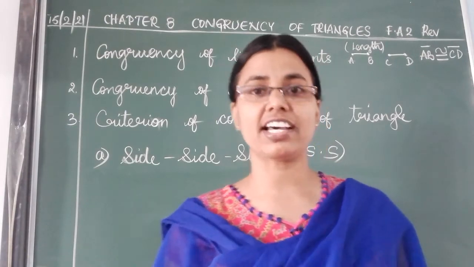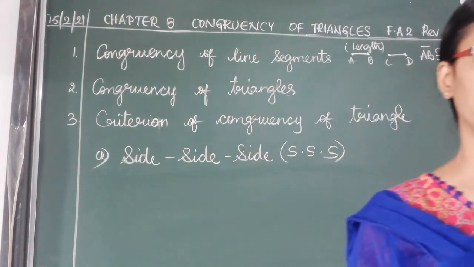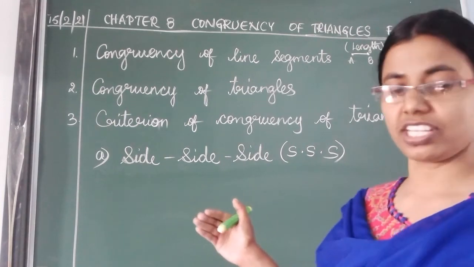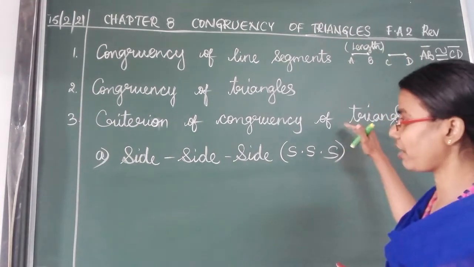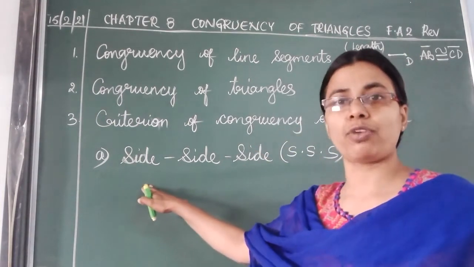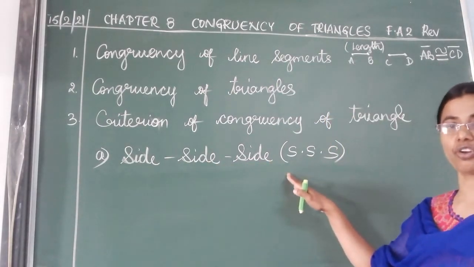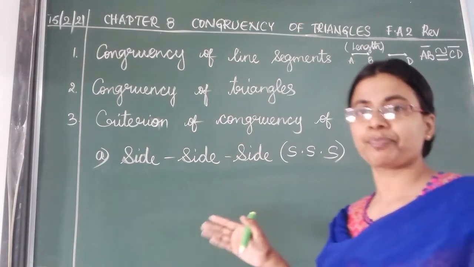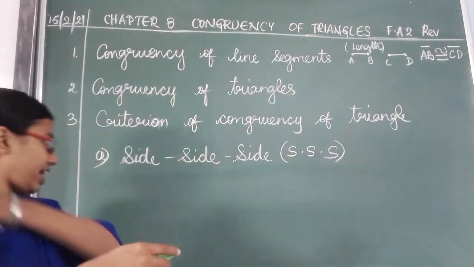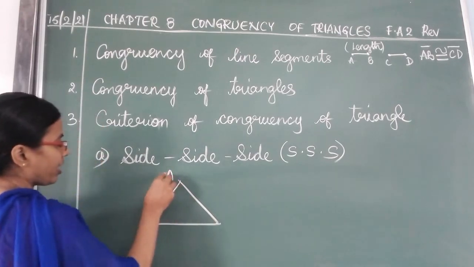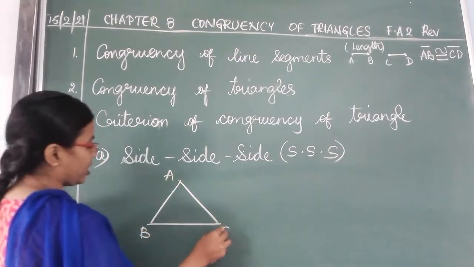So now let us see the criteria for congruency of triangles. The first one we have learnt is side, side, side congruency. For this, if I take an example, let's draw the figure. Triangle ABC.